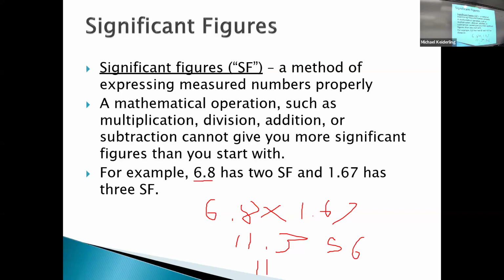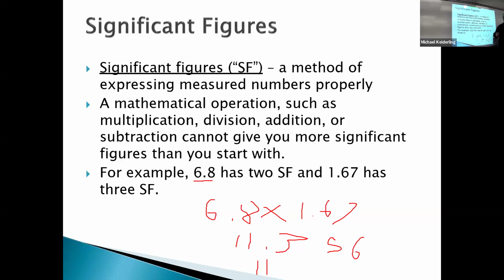If you do this on tests or quizzes, you'll be fine in this class. We'll go over the stricter rules, but I will always accept you round to the number of significant figures that you started with. So for example, 6.8 has 2 significant figures and 1.67 has 3 significant figures. If you multiply the two together, 6.8 times 1.67, what you'll get on your calculator is 11.356.